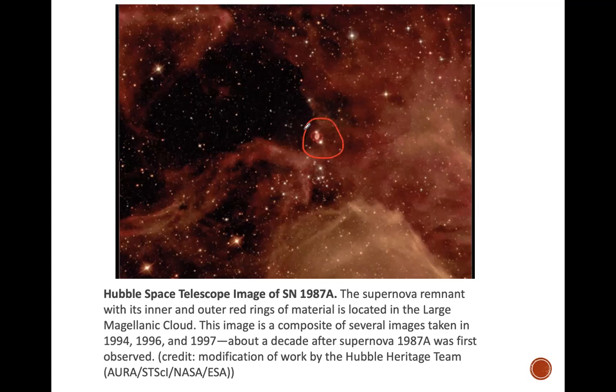Just look at this particular image when you have the presentation. That's the supernova remnant, and this is from the Large Magellanic Cloud, and it has been observed a few times in different years. The Large Magellanic Cloud is one of the nearby galaxies for us.